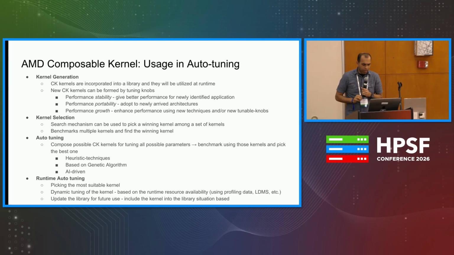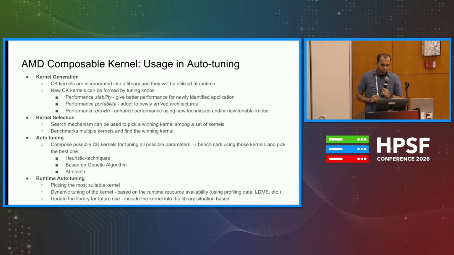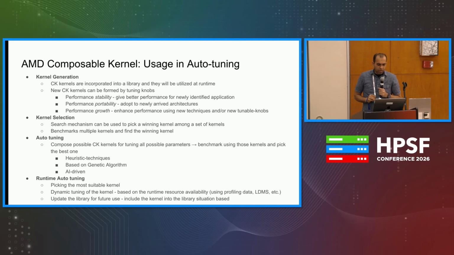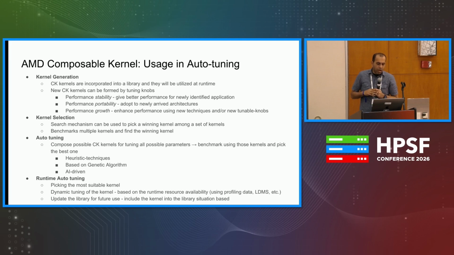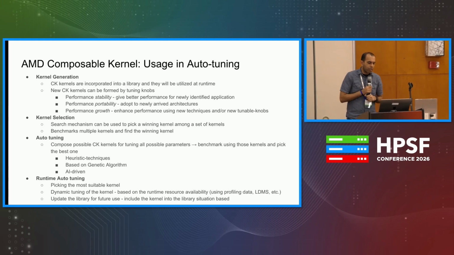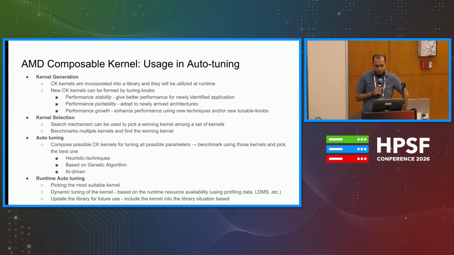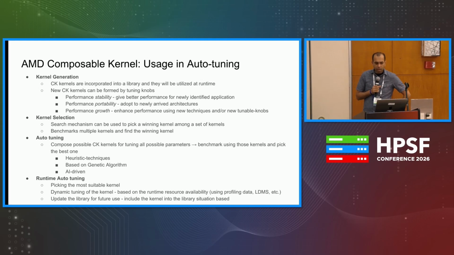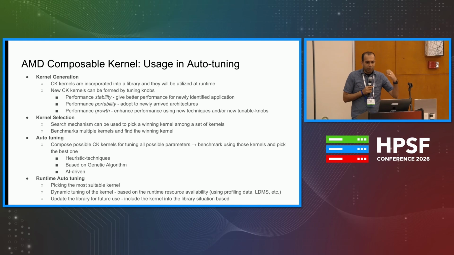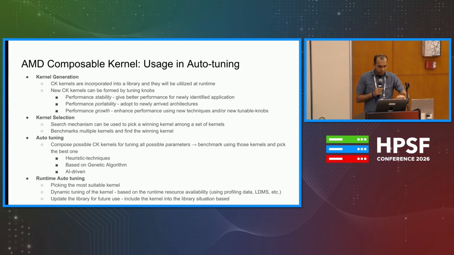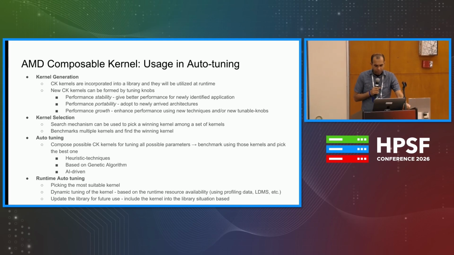One important thing I want to bring up is that we're working with composable kernels. This is ongoing work, from AMD. The question is, we have these tuning capabilities within Kokkos, so how can we make use of what's already there in composable kernels and tune different parameters?